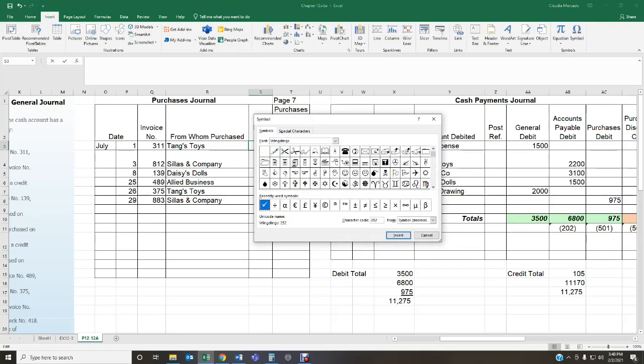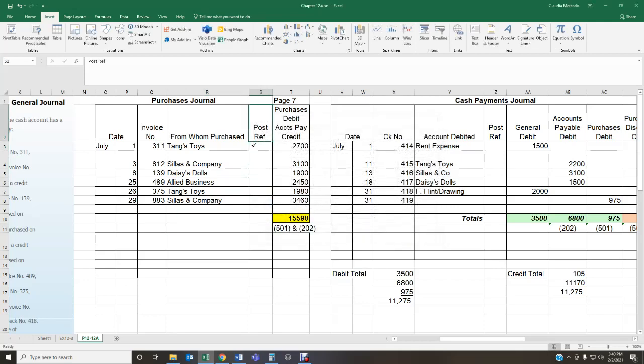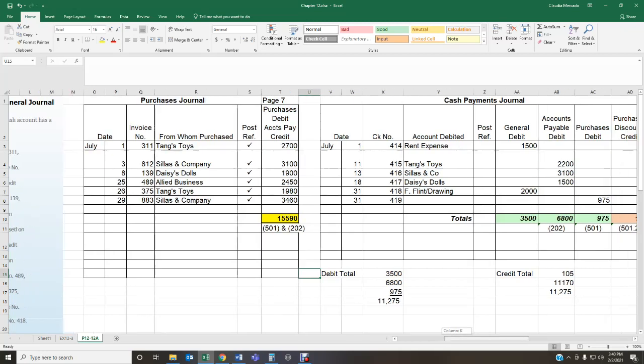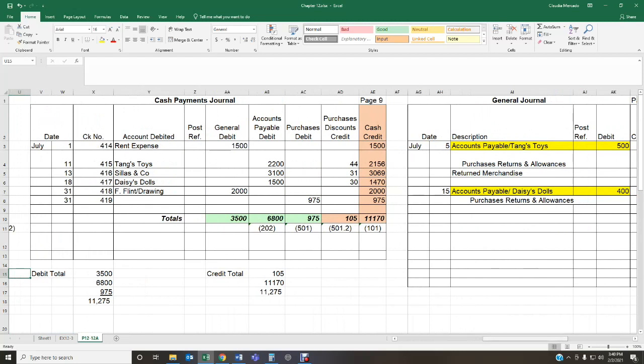Okay, this one. So by us putting a check mark here, we've known that we've entered the total of the purchases journal into my ledgers. So all of these have been entered into account 501 and 202. That's where we need to post those, to those two accounts. Okay, so we've got those down.